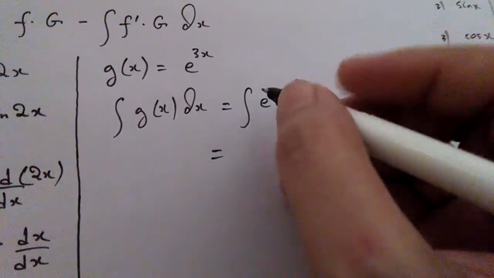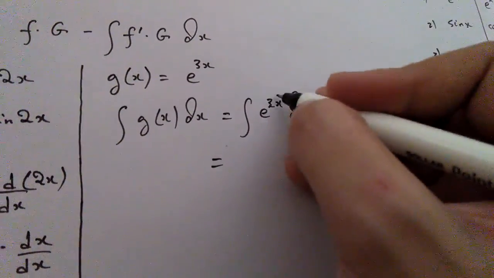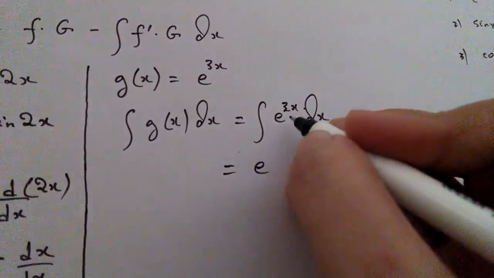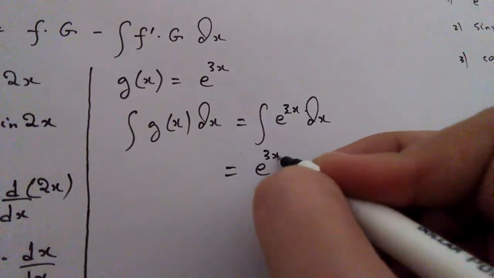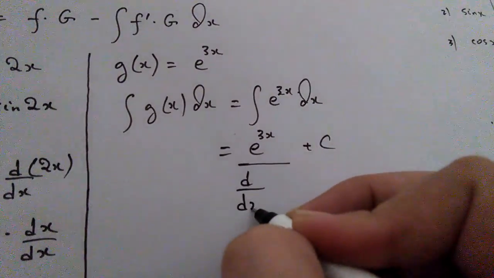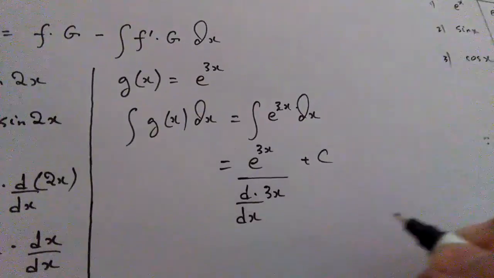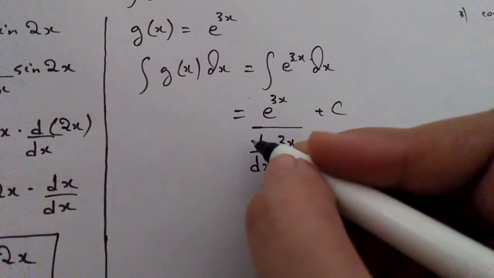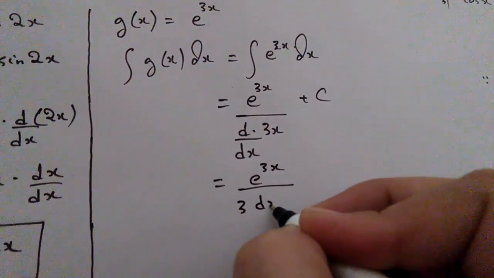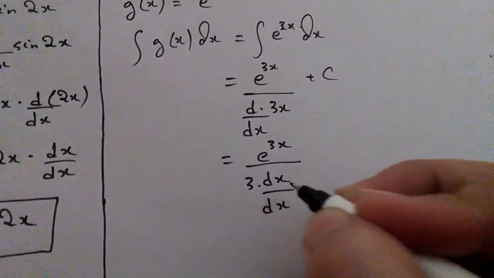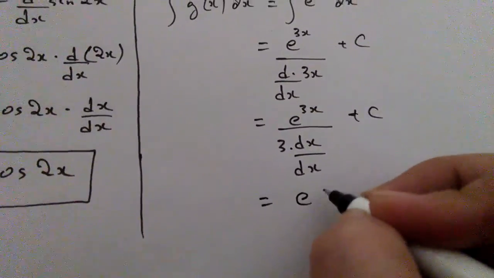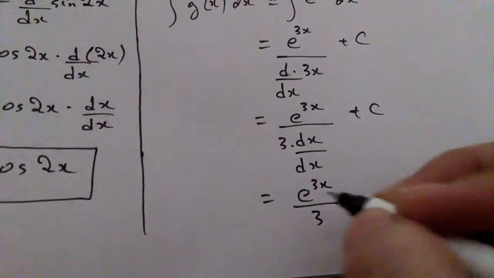While integrating this integrand, you get the exponential of this power as it is, plus some constant, and in the denominator you are taking the derivative of this power. Okay, so this coefficient is going to be written outside, and that's how it comes, and this is now 1. So finally the answer you're having is upon 3.